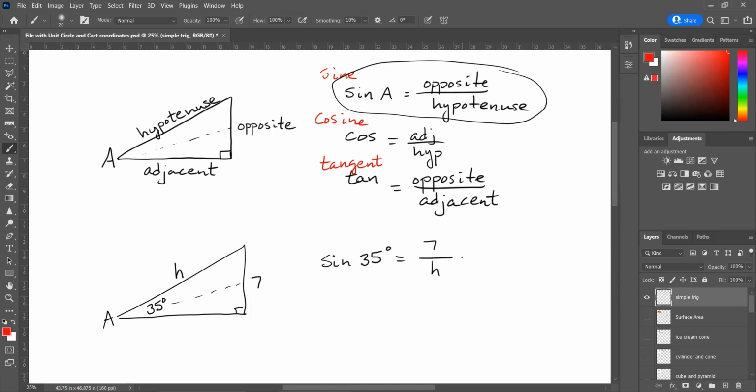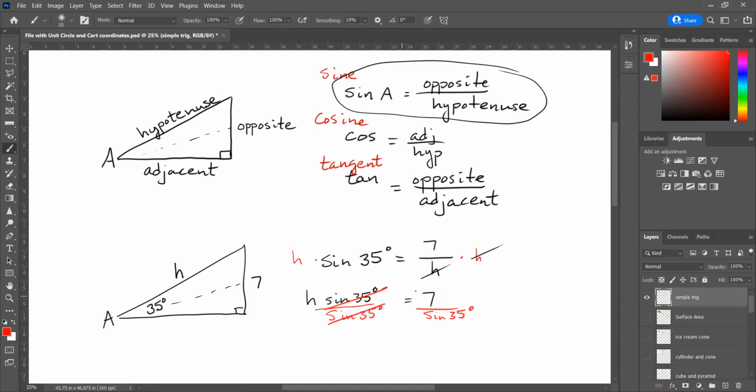So now I need to solve for h, so I'd multiply both sides by h. This would cancel over here, leaving 7 equals h times the sine of 35 degrees. And then because I'm solving for h, I would need to divide by what it's multiplied by on both sides.